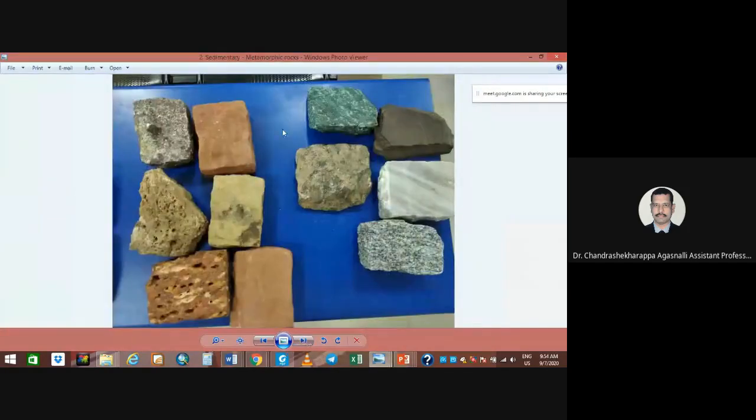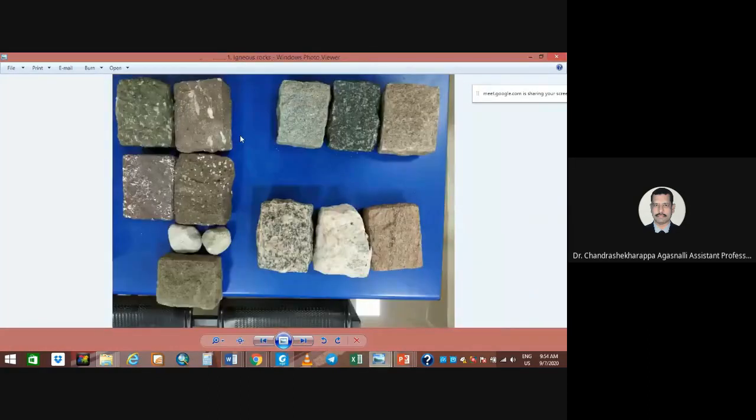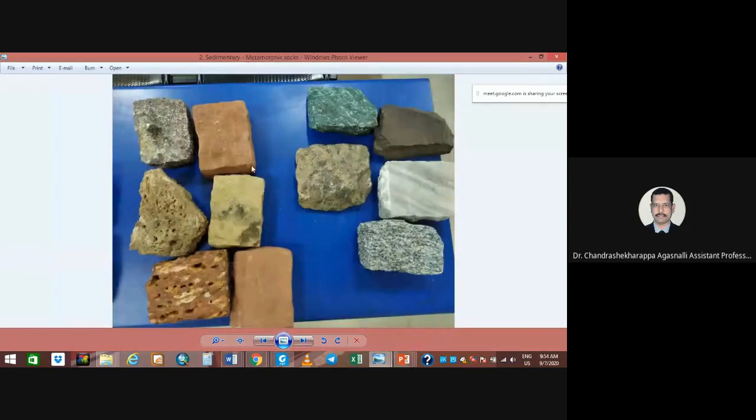And these are all the sedimentary rocks. I told you that the first formed rocks on the earth during the volcanic eruption time are igneous rocks. Sedimentary rocks are formed from existing rocks, from the igneous rocks.